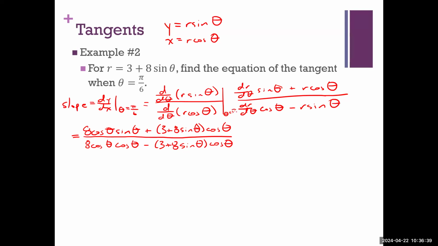All right, I just wrote a bunch of stuff down, which I believe is what you gave me. I want to make sure we're okay with it though. Good question: where did the sine θ go? You're talking about the very first term here?